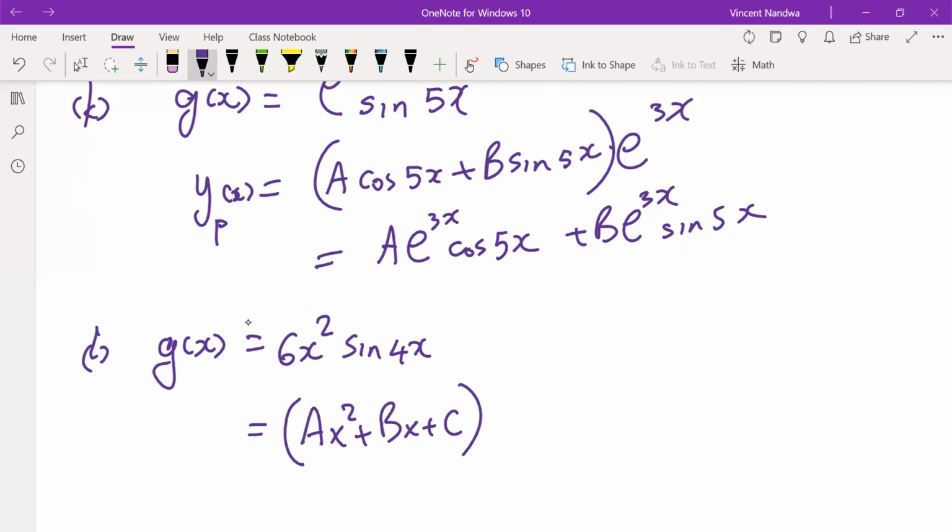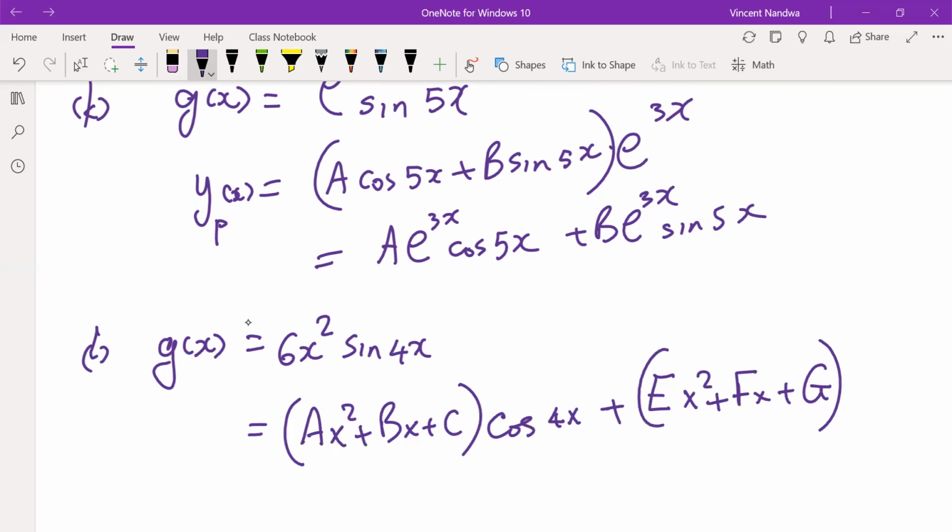And then for the case of this sine, we need to have a linear combination of sine and cosine. So we multiply this one by cosine of 4x plus another expression, dx squared plus fx plus g, then multiplied by sine 4x.